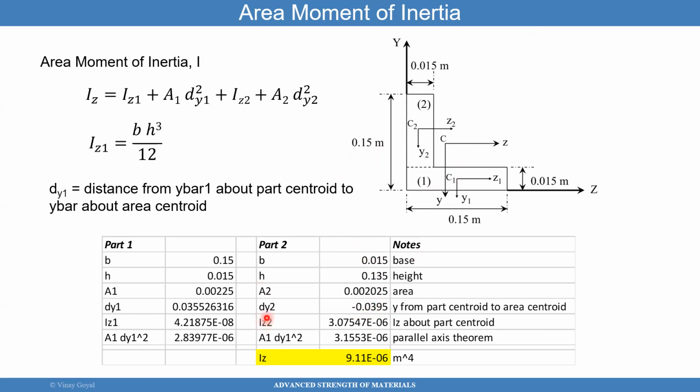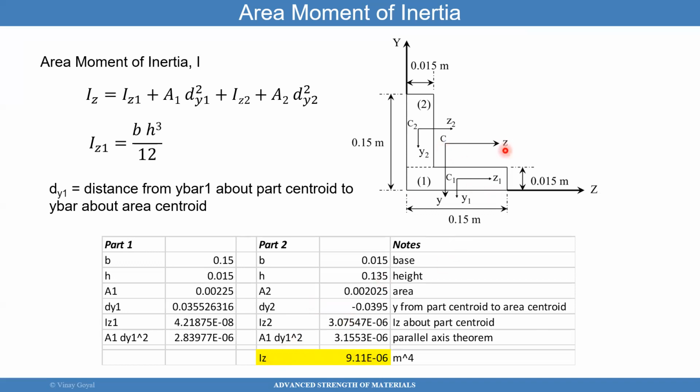And that distance has to be squared and multiplied by the area of part 2, which I did earlier. And then you're able to add all these numbers up to get the moment of inertia about the axis Z.